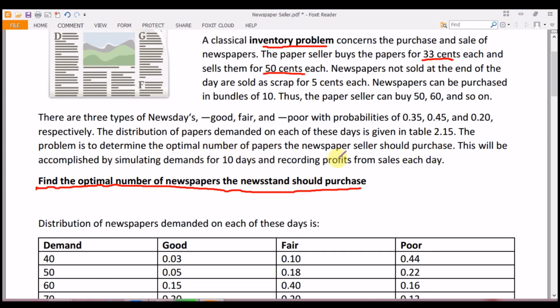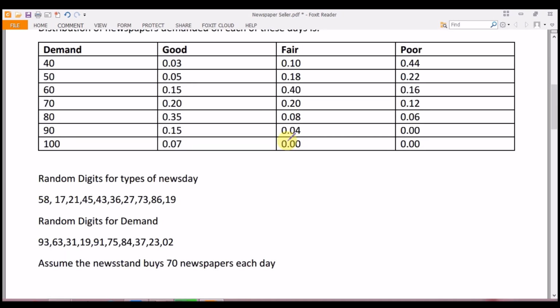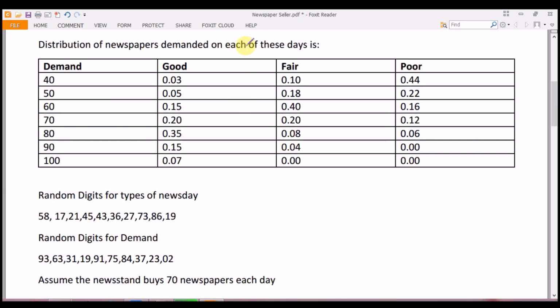This will be accomplished by simulating demands for 10 days and recording profits from sales each day. So we're going to simulate it for 10 days. These are the probabilities given, and the next thing that we have is how much he invested and how much he sold it for. So the distribution of newspaper demand on each day: when the demand was 40, 50, 60, 70, 80, 90 for good, fair and poor, the probability is associated.